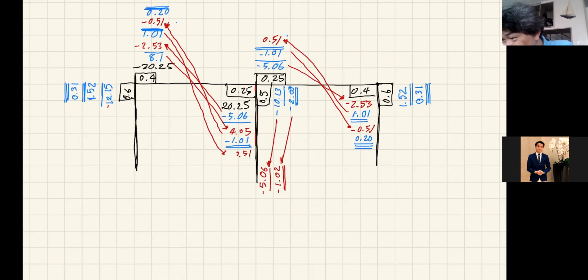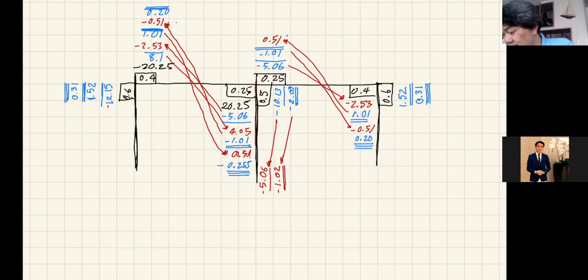That's 0.51. So you have two 0.51s coming in. So be careful. You need to add them up, the moment from every direction. So you have unbalanced moment of 1.02. So here it's going to be minus 0.255. It's the end of the third cycle.